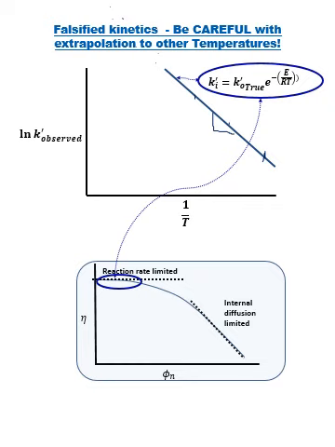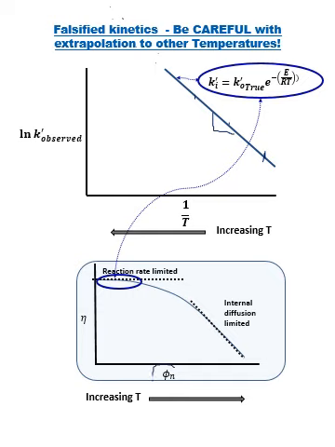What will happen with an increase in temperature? So remember, temperature is increasing over here. Temperature is now the only effect for now that's going to change my Thiele modulus. It increases with temperature, and over here, because I've got 1 over temperature, this is the direction of an increasing temperature.